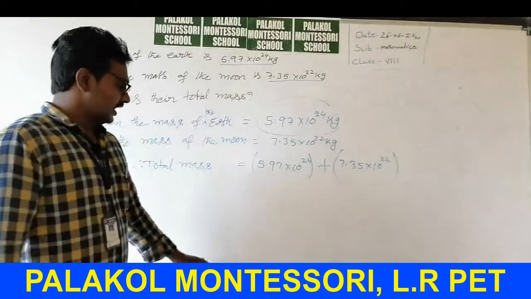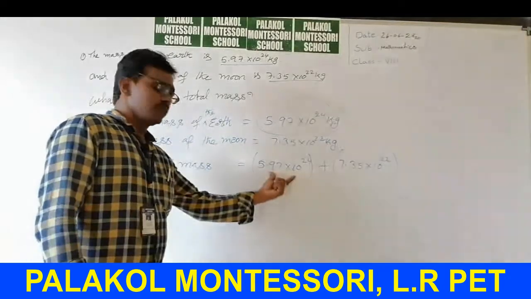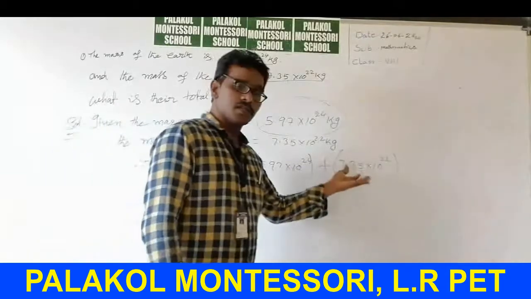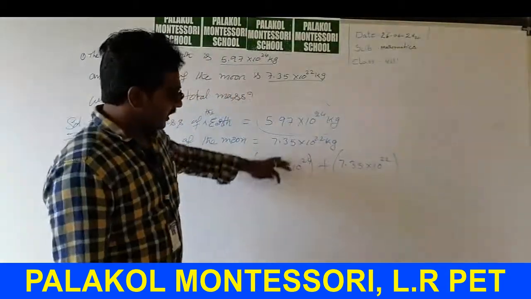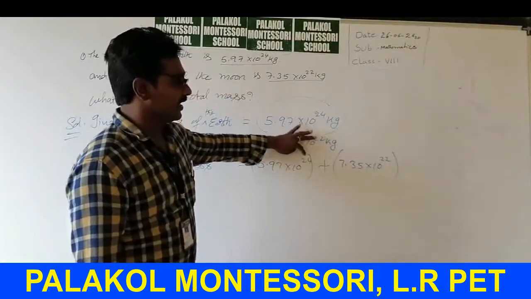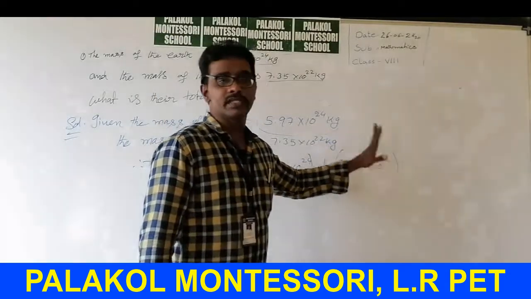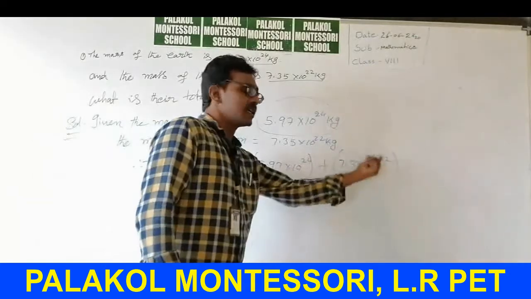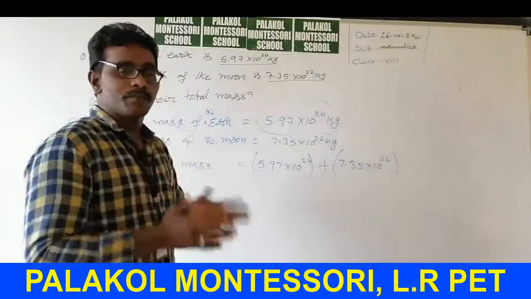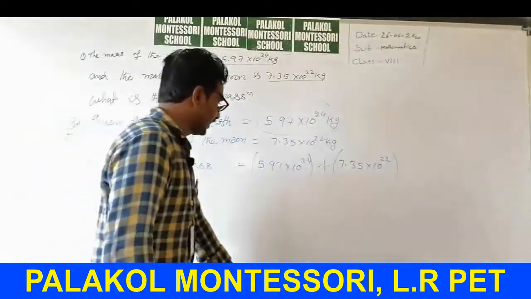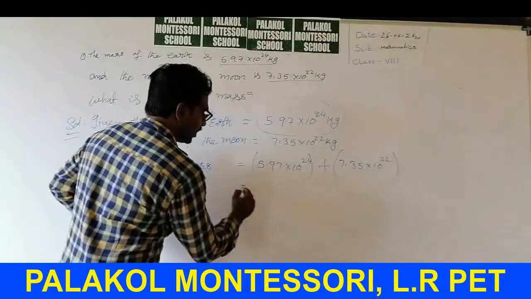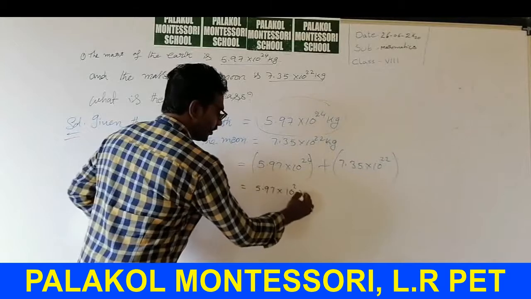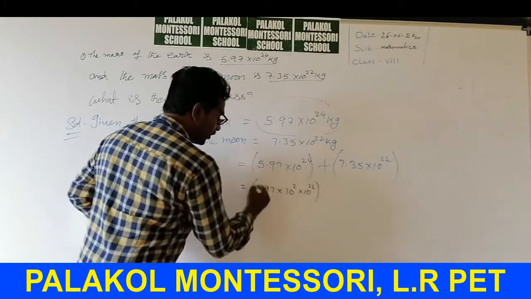Guys, the first bracket term is standard form, the second bracket term is also standard form, but here 10 to the power of 24 is there, here 10 to the power of 22 is there. So these 10 power terms are different. First I should change that one. How? See, simple method, 5.97 into 10 square into 10 to the power 22, any problem?